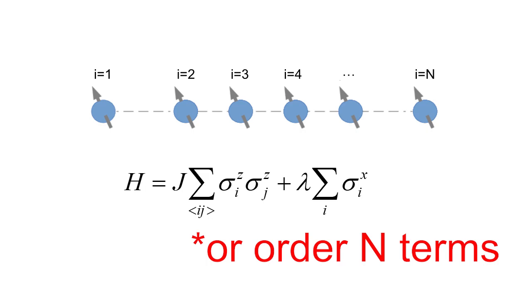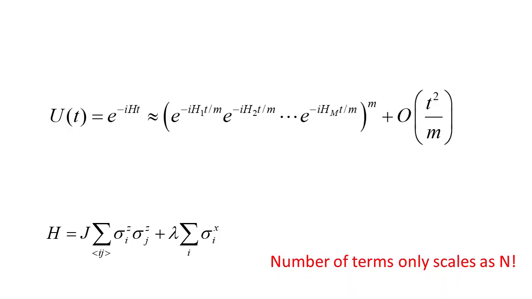So if you want to perform a time evolution, you can do this Trotter decomposition of the Hamiltonian. Here you've got e to the iHt, and if you substitute the Hamiltonian you're looking at, you can approximate this with roughly order n operations.